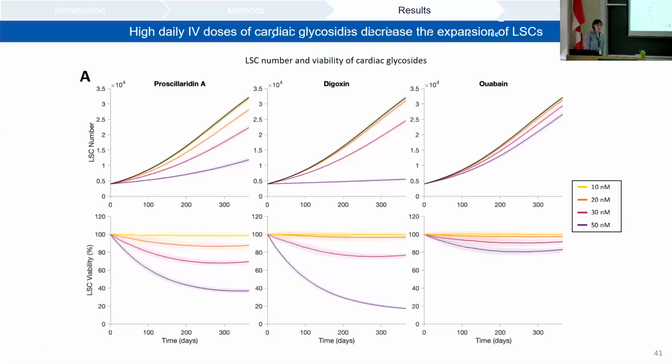On the top, I have the number of leukemic stem cells with time, simulated over a year. At the bottom, we have what we call LSC viability. That is the number of leukemic stem cells under a certain treatment divided by the number of leukemic stem cells when no treatment is applied. So when LSCs remain at 100%, the treatment has no effect on LSC progression. What we can see here is that high doses of cardiac glycosides can effectively decrease the expansion of LSCs through time.